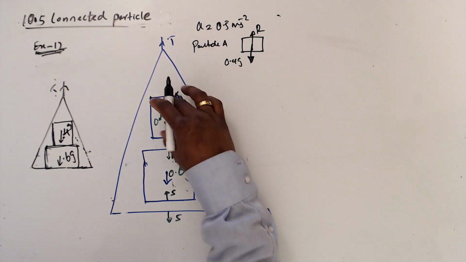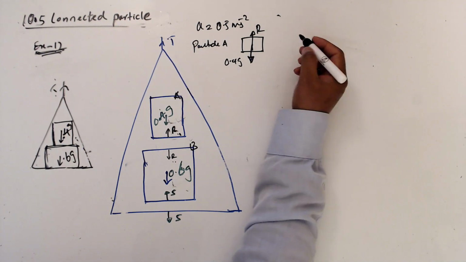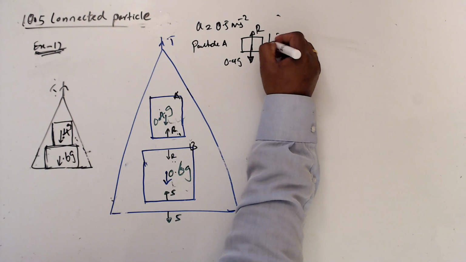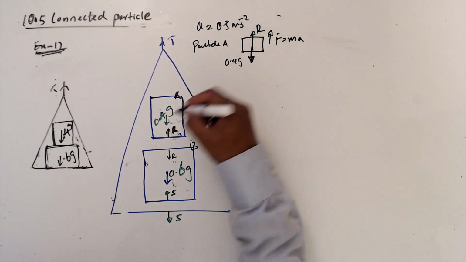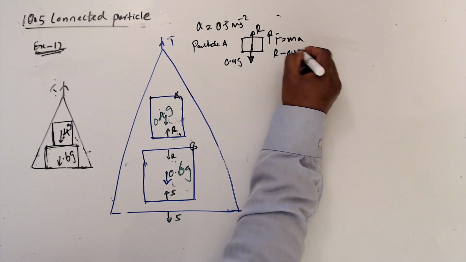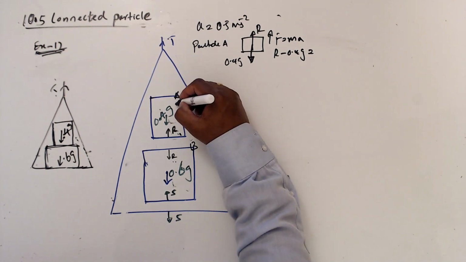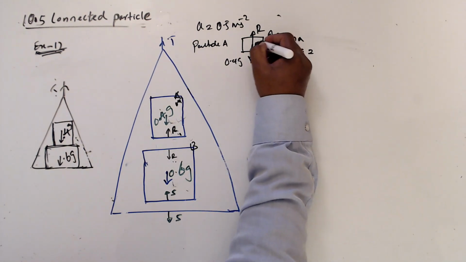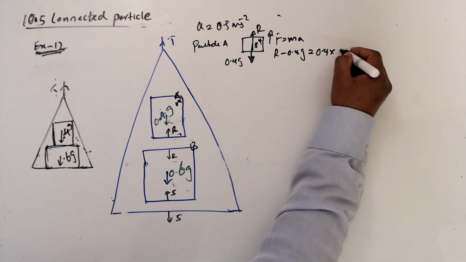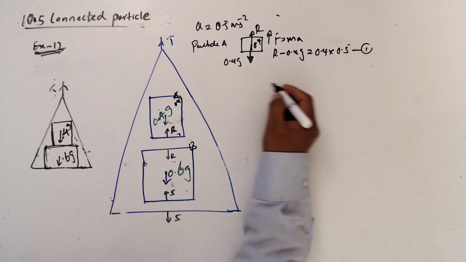I draw the same thing separately. F equals MA upward. Then R minus 0.4 g equals, the mass of this one is 0.4, times A, which is given as 0.5 upward. So this is the first equation.